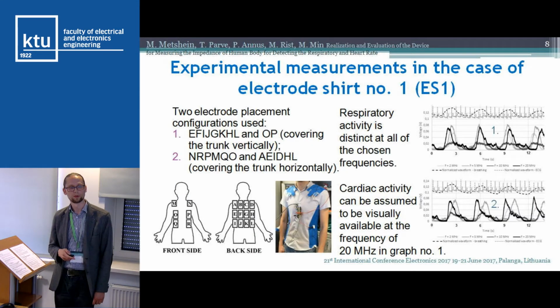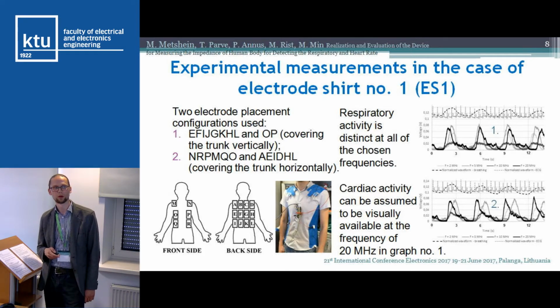Next one is by using these large foil electrodes. They were attached onto the outer surface of the shirt, you can see the photo. And they were positioned onto the shoulders, sides of the body, and back side of the thorax, not on the front side.